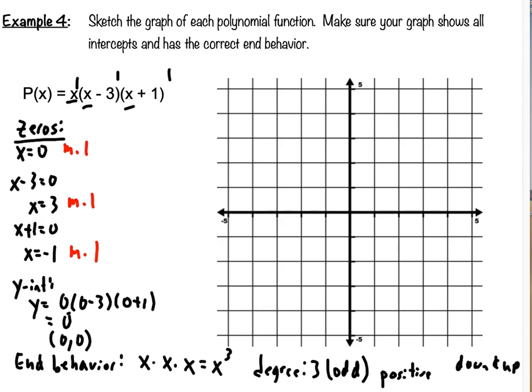So let's graph that. Plot your zeros. End behavior is down and up. So they all just have multiplicity of 1, so you can just go through them. We don't know where they turn when they go up, but they're going to have to turn when they go up.